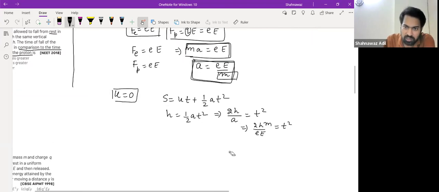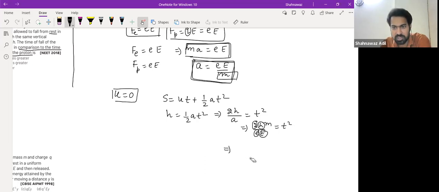We see that 2 is constant, h is constant, e is constant, and the electric field is also uniform, which means constant. So t squared is directly proportional to m. So t would be directly proportional to root m.